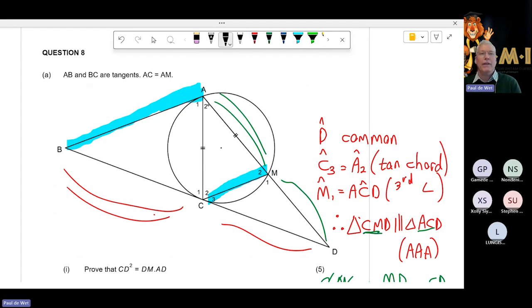Angle A1 is equal to angle M2. Why? Well done. Tan chord theorem.